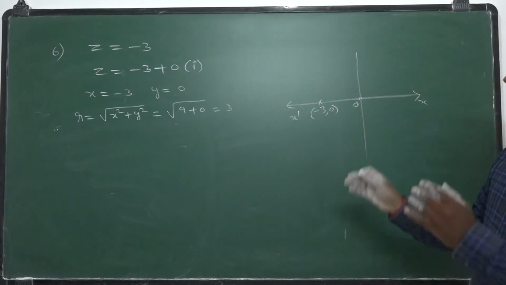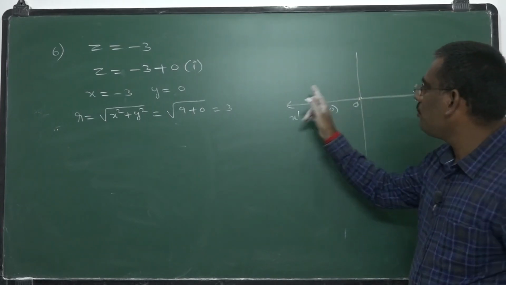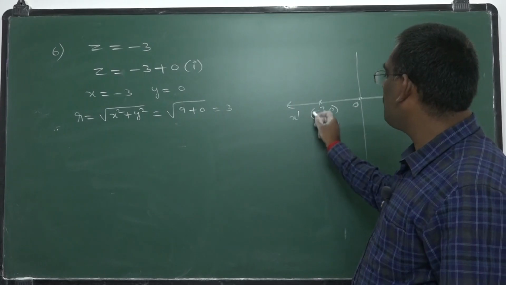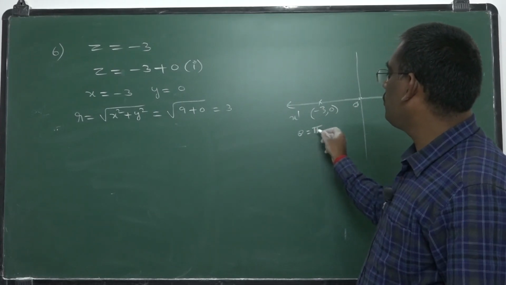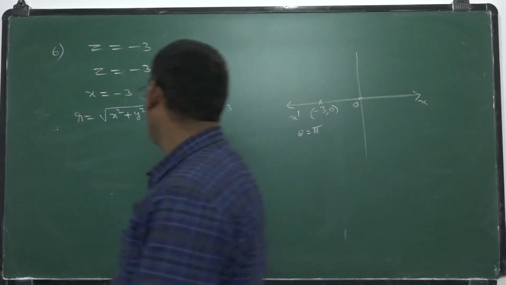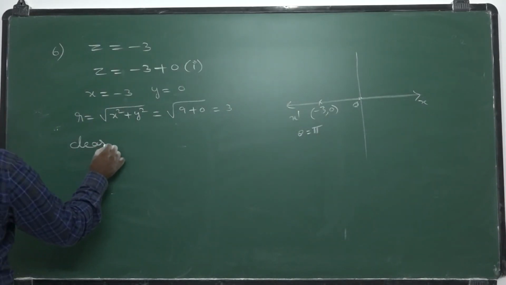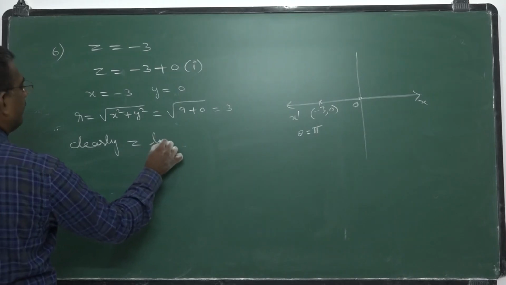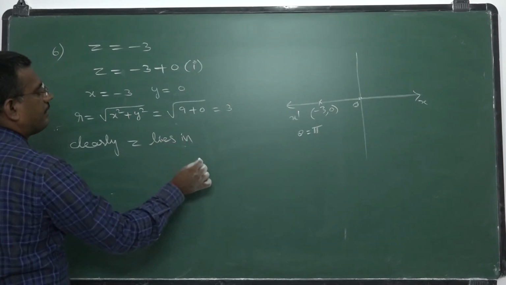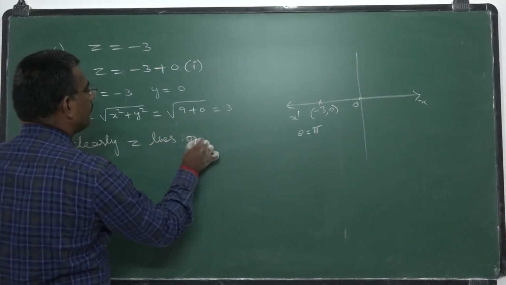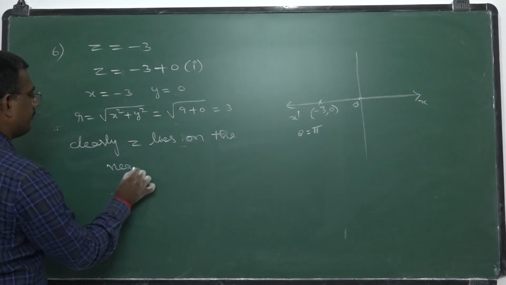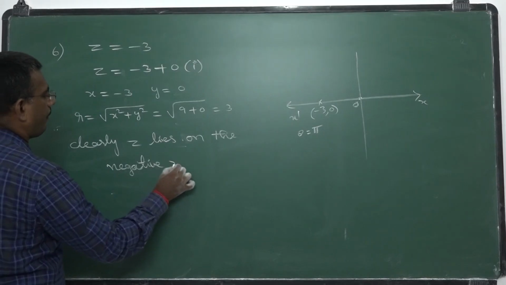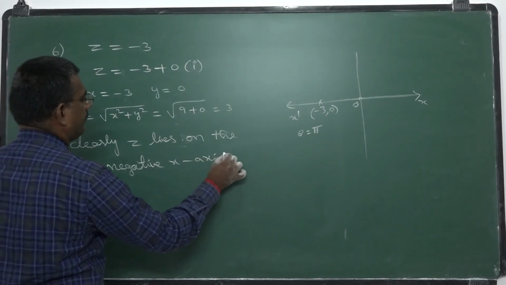If the complex number lies on the negative x axis, then its principal argument will be equal to pi. So clearly z lies on the negative x axis.